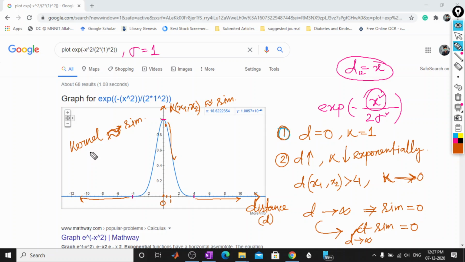Okay, and our distance is approximately equivalent to dissimilarity. I think the picture is clear. If our dissimilarity increases, similarity decreases. If our dissimilarity decreases, similarity increases.